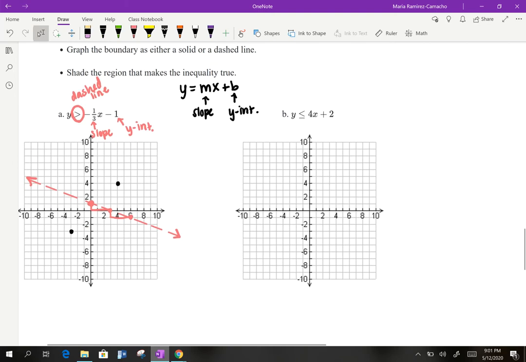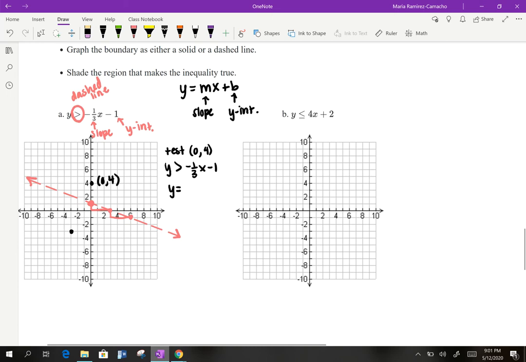So here I'm going to test, let's pick an easier point, (0, 4). Let's test that. So my original inequality is y is greater than negative 1/3 x minus 1.